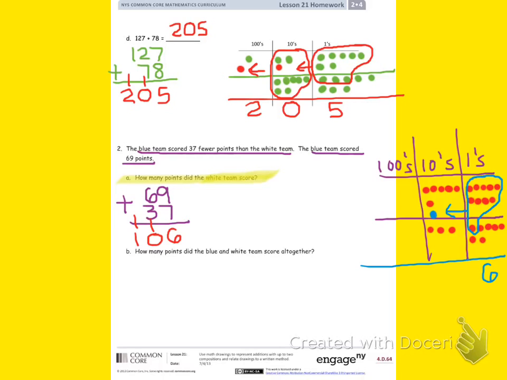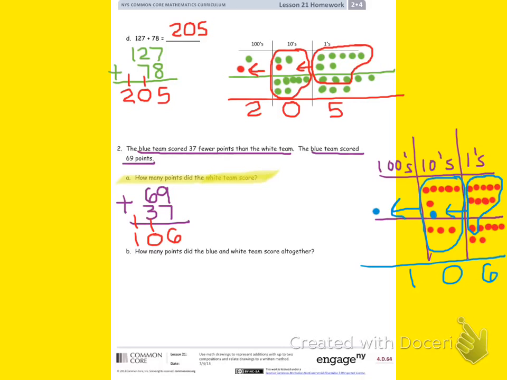In the tens column, I have 6 tens plus 1 blue 10 is 7 tens, plus the 3 additional tens makes 10 tens. So I will circle those 10 tens and move them over to the hundreds place because 10 tens makes one group of 100. There are no tens that haven't been circled, so I'll put a 0 there, and there is only one group of 100 in the illustration.